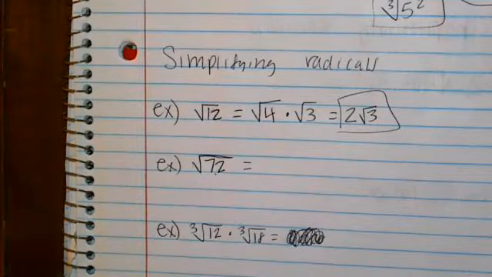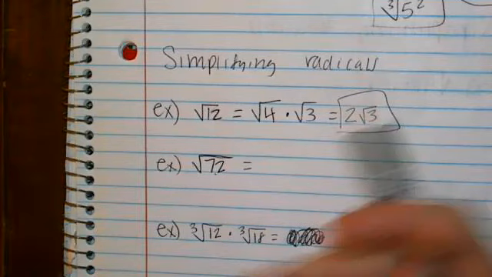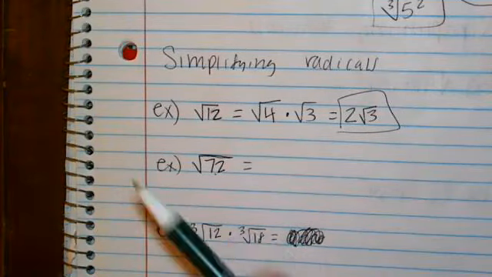So 72 is not divisible by 5, but it would be by 6. It'd be 6 and 12. Trying to think, what else haven't we talked about? Not divisible by 7, right, but is by 8 and 9. So I want to try to go sometimes to the highest numbers I can think of.